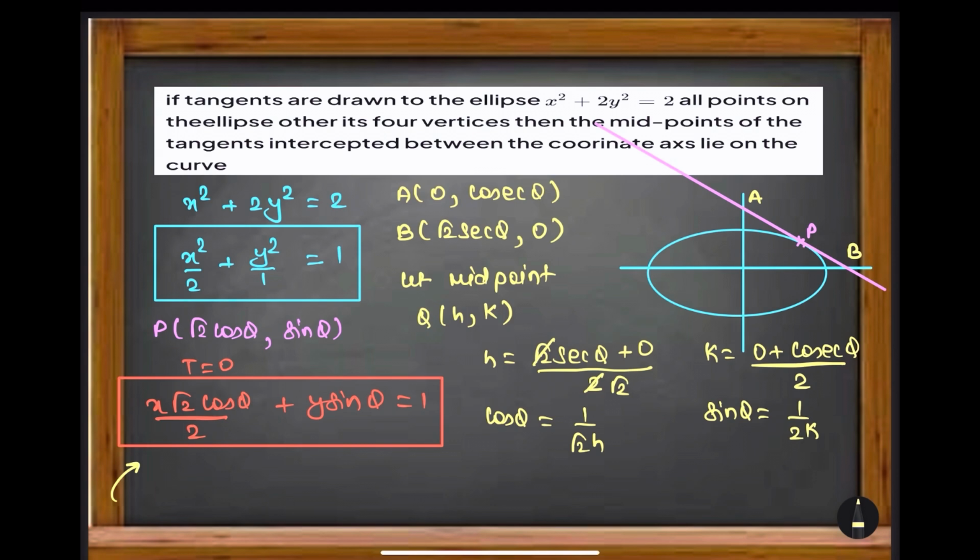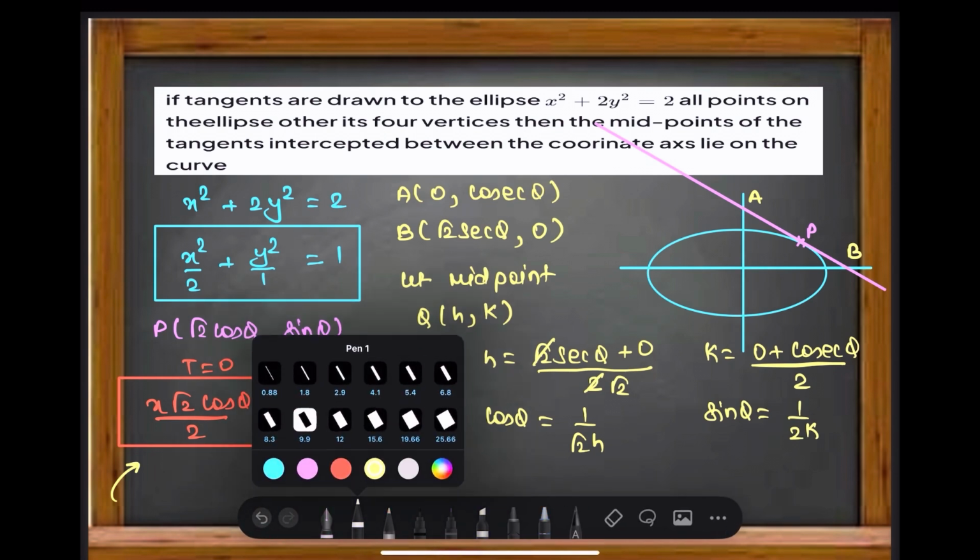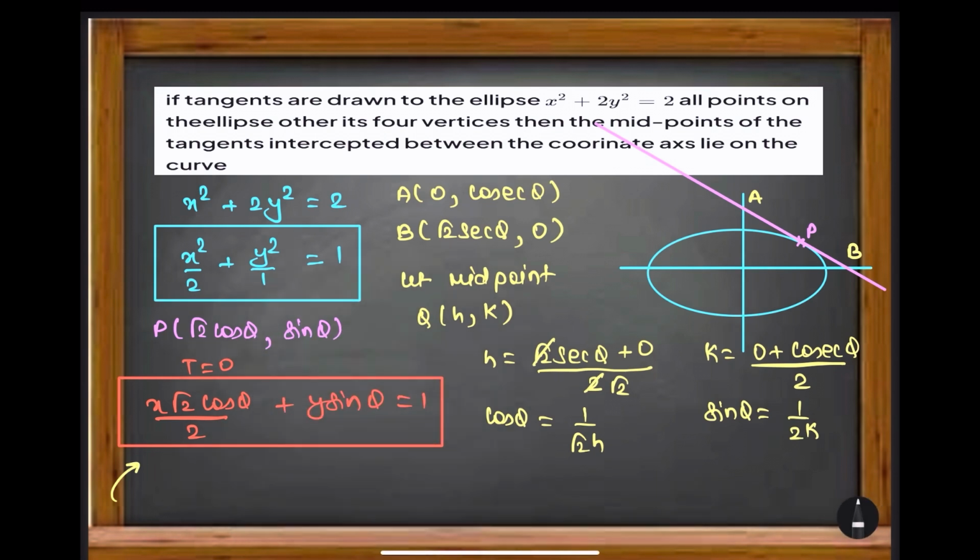Now you guys have introduced h, k and theta, so it is our responsibility to remove them. You know that h will be replaced by x, k will be replaced by y, but what will you do with theta? Can I go with sin square theta plus cos square theta equals to 1? Now you can replace sin square theta as 1 by 4k square.